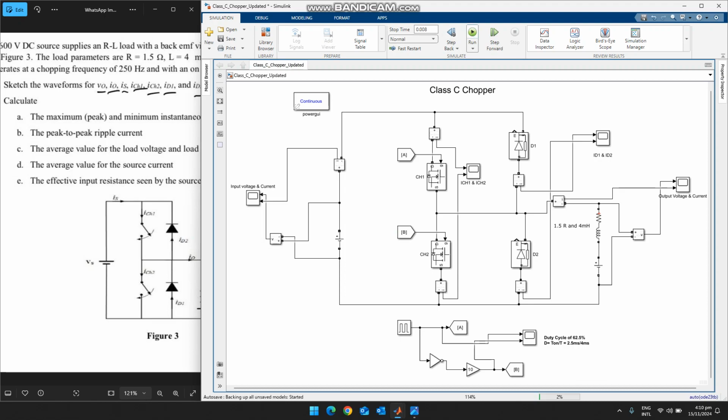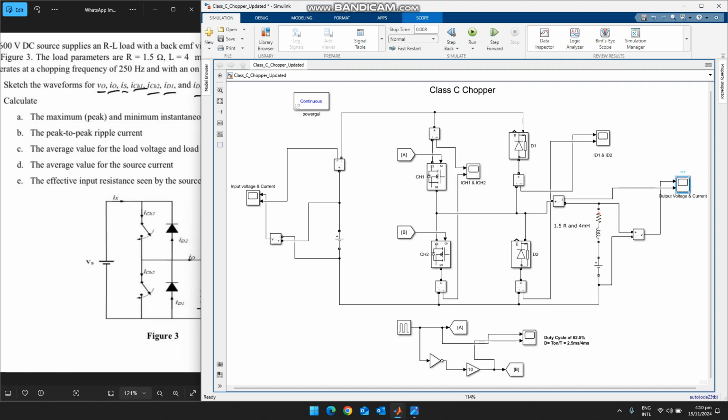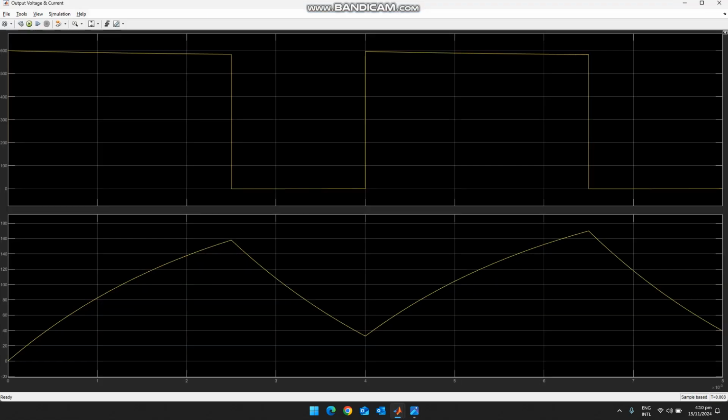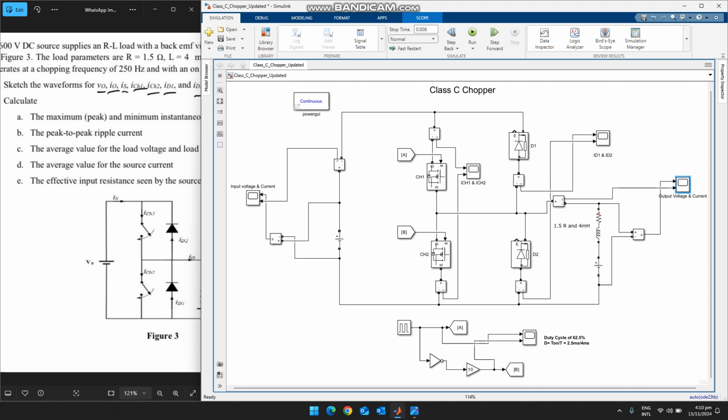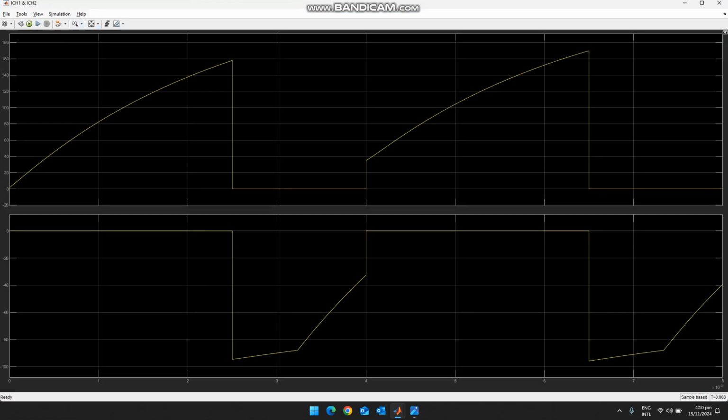Now let's simulate it and validate the result that we have got. For validating the result, you can see this is the output voltage, which is 600 volt. This is the output current, which is increasing. Similarly, this is the switching across MOSFET number 1 and MOSFET number 2.